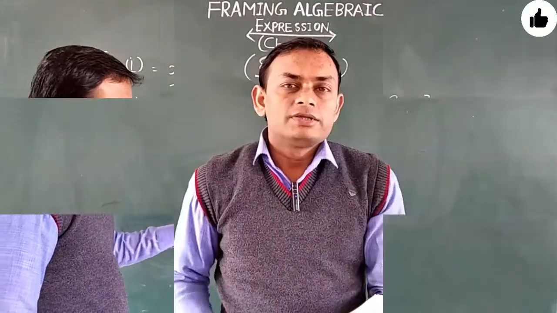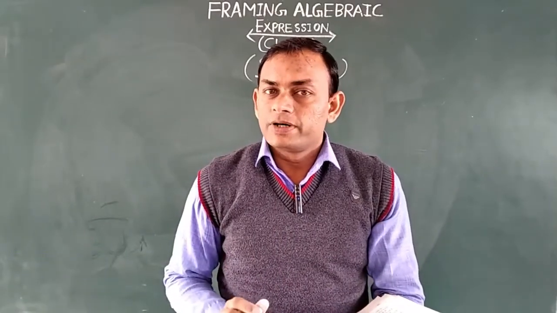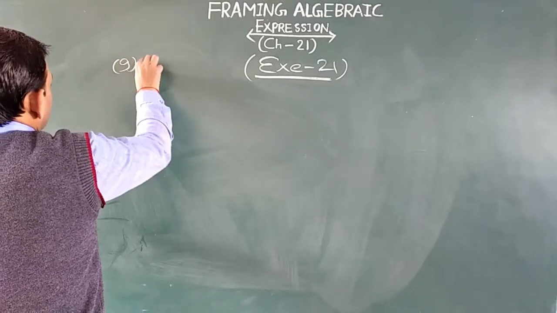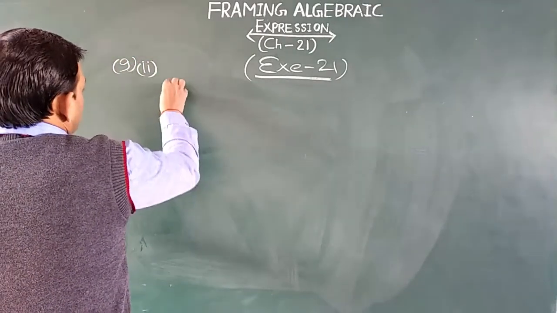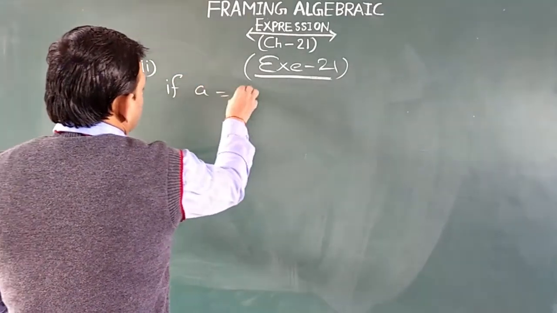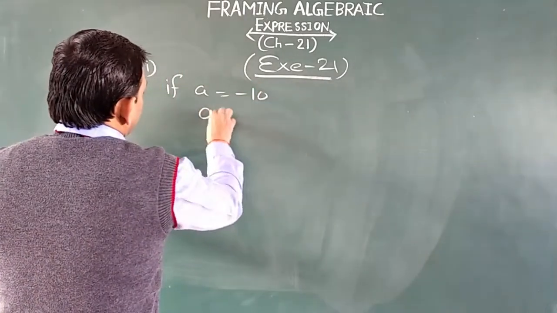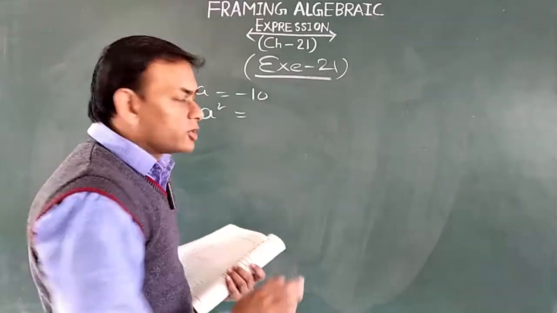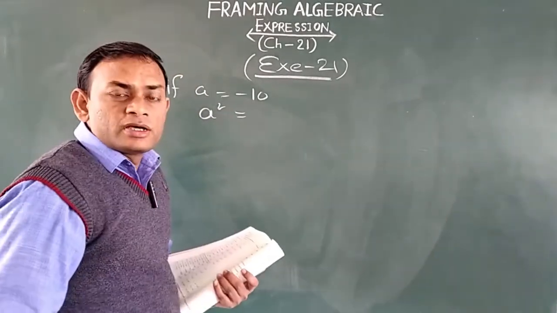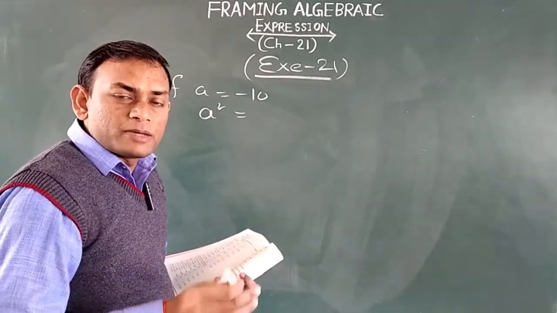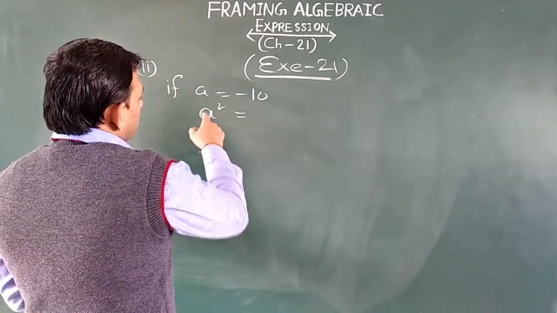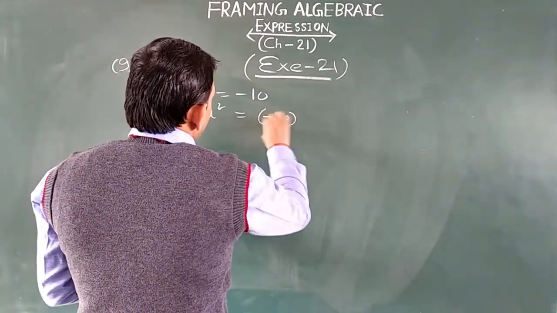You got it? Now I am just going to tell you the question number 9. I will tell you the second part of the question number 9. The question is saying if a is equal to minus 10, so find the value of a square. As I told you, what is the meaning of square? Means we have to multiply the same number by itself. So we will put the value of a in a square, so it will be the minus 10 square.